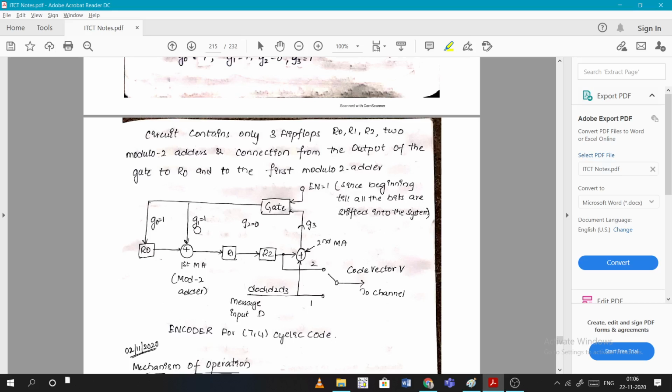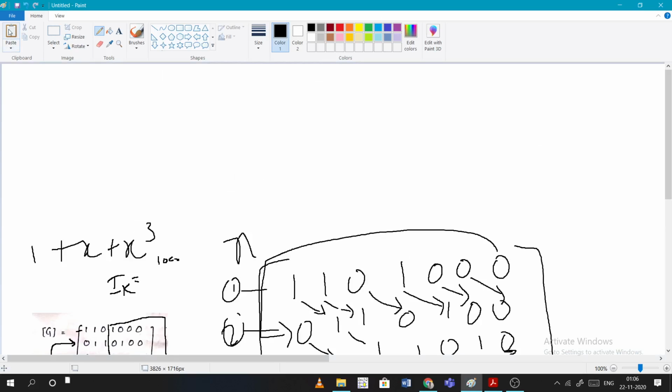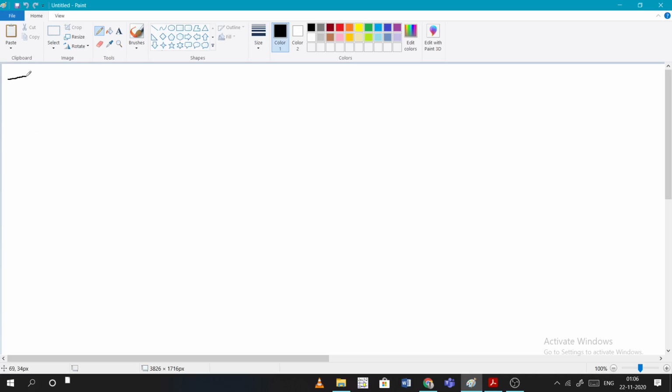Basically there will be n-k shift registers, as the heading says, n-k shift register. Initially it is (7,4), that means n is equal to 7, k is equal to 4, and n-k is 3.